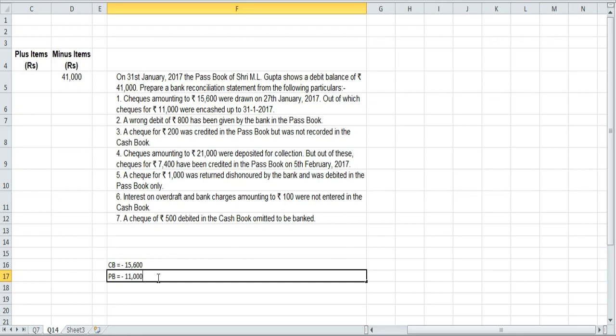So how much passbook is less than cash book? We have drawn extra. How much we have drawn from passbook? Extra of 4,600.